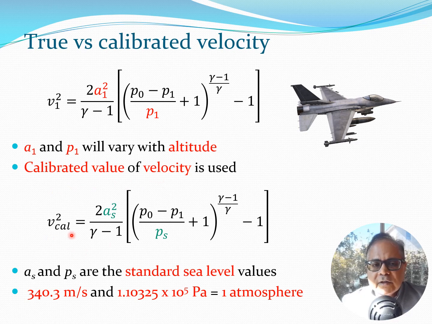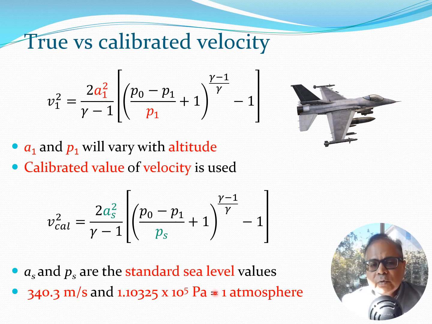We call it V subscript cal, and all that has been done here is that the A is replaced by AS, which is the speed of sound at standard sea level, and P1 is replaced by PS, which is again the pressure at standard sea level. You can remember that the speed of sound at standard sea level is 340.3 meter per second, and the pressure at standard sea level is 1.01325 into 10 to the power 5 Pascal or Newton per meter square.